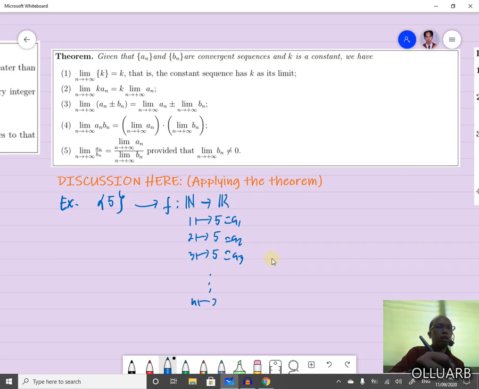So the answer is 5. This sequence is denoted as 5, 5, 5, 5, and so on.